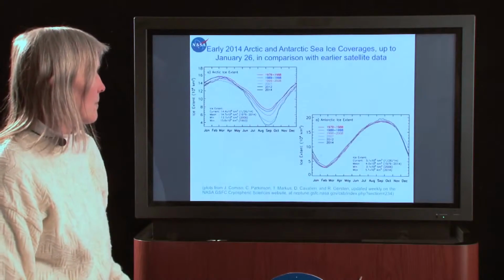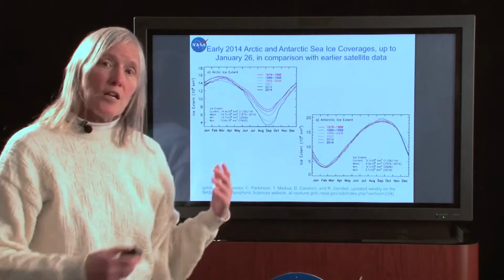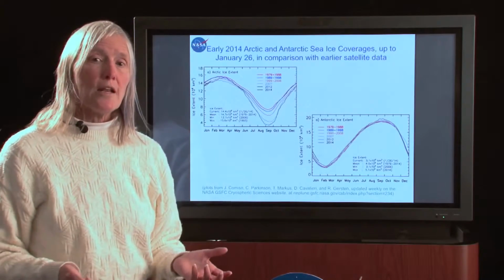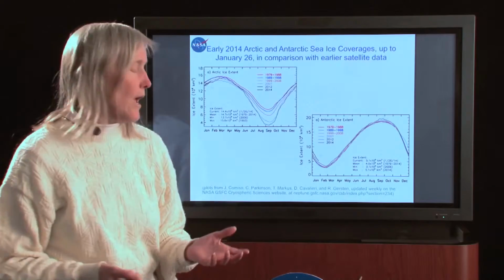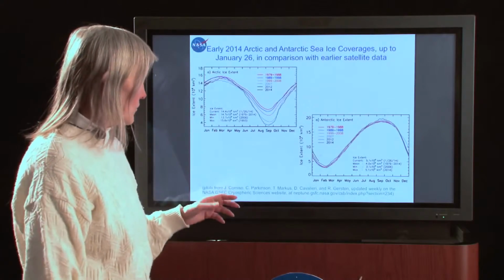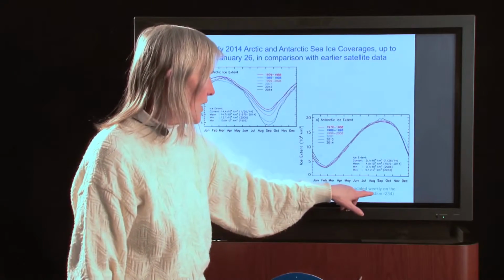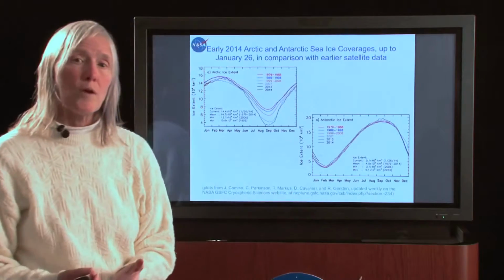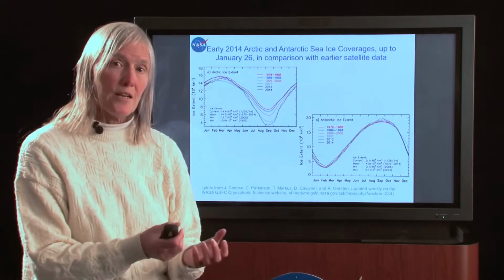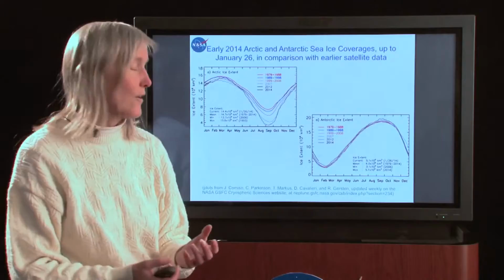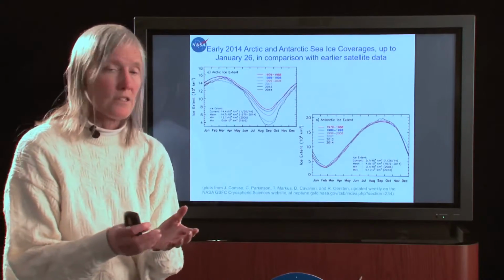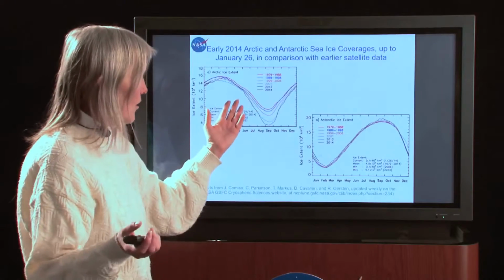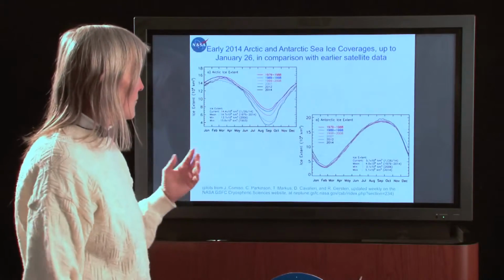Now, I put this slide up just to let you know that we do update our results roughly every week. And so roughly every week, if you go to this website that's indicated down here at the bottom, you'd be able to get updated results for both the Arctic and the Antarctic. We put up several versions of plots, but this shows a particular set from that.